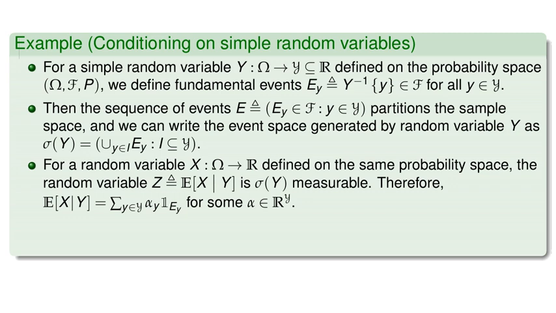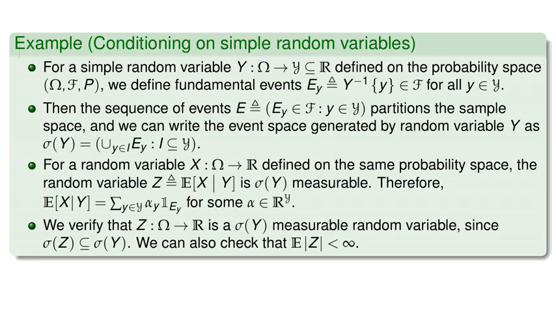Now consider another random variable x mapping omega to the reals on the same space. The random variable Z, defined as the conditional expectation of x given Y, must be sigma of Y measurable. Since Z is sigma of Y measurable and sigma of Y is generated by the partition E sub y, Z must be constant on each event E sub y.